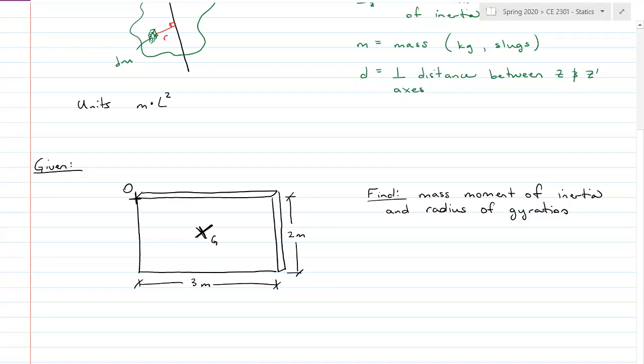The radius of gyration is still k, and it's equal to the square root of the mass moment of inertia divided by the mass, through points G and O.